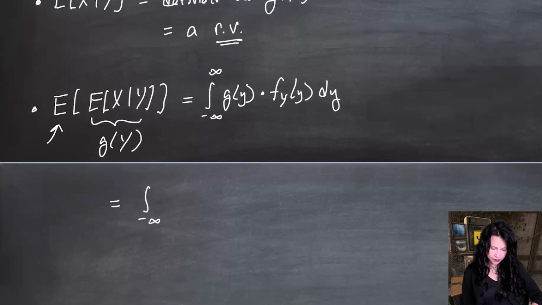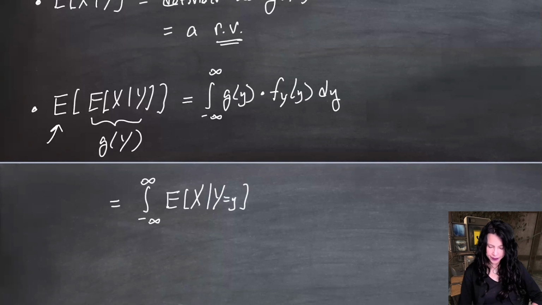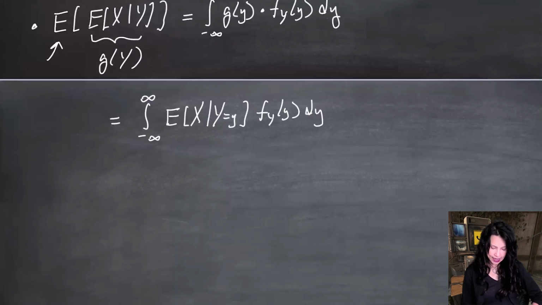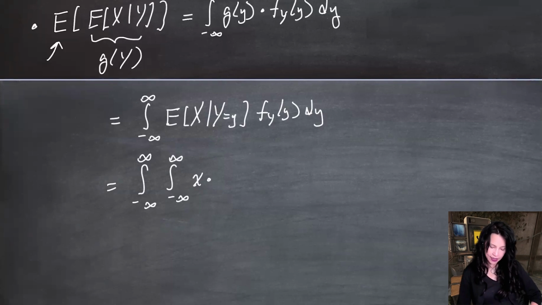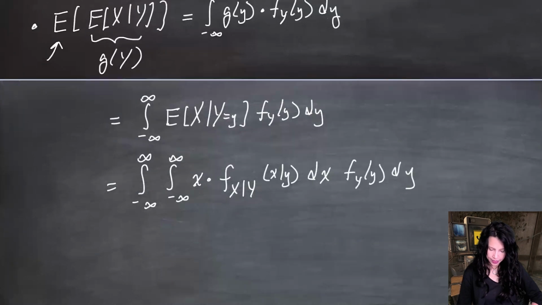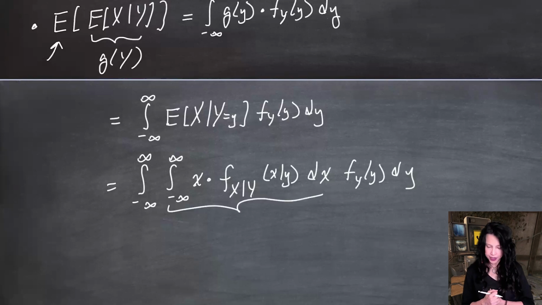It is the expected value of x given that y equals this lowercase y. And what is this conditional expectation? It is another integral or sum, and it's an average value for x, but that gets weighted by the conditional PDF for x given y. And we average over all the x's, right? So there is that expectation in there.